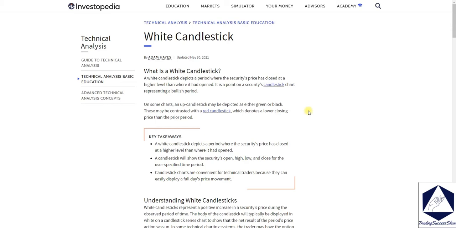According to Investopedia, a white candlestick depicts a period where the security price has closed at a higher level than where it had opened. What do they mean by securities? They mean a stock. So it is a candlestick chart representing a bullish period, right?